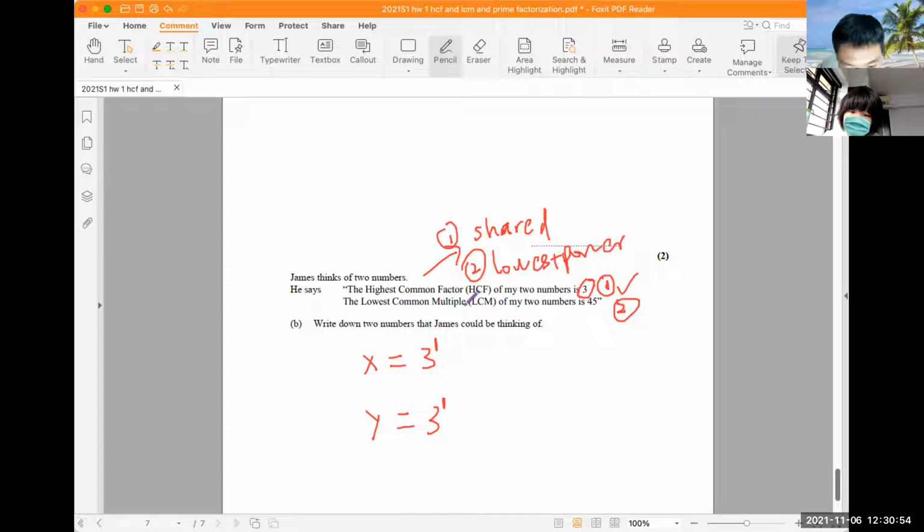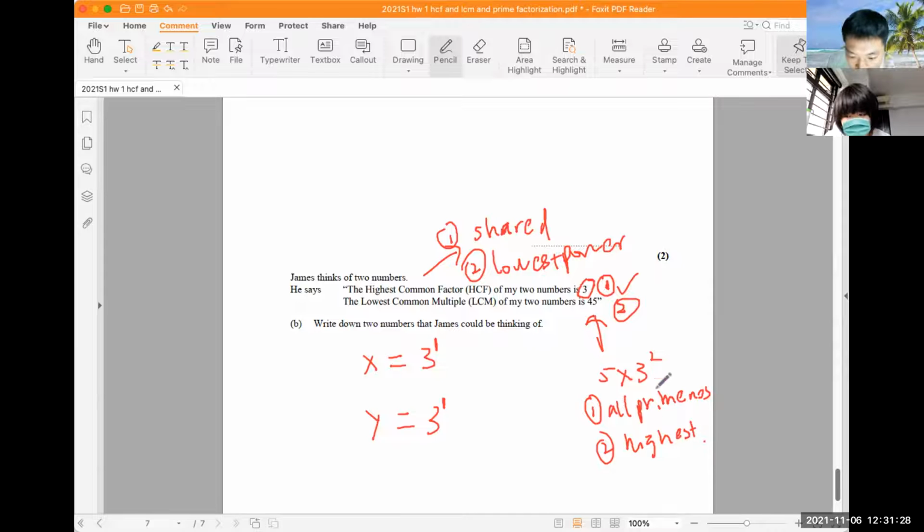The lowest common multiple of my two numbers is 45. For this 45, I hope you can see that if you split it into prime factorization, it is 5 and then 3 to the power of 2. So what is the definition for LCM, lowest common multiple? It must include all prime numbers, and then highest power.